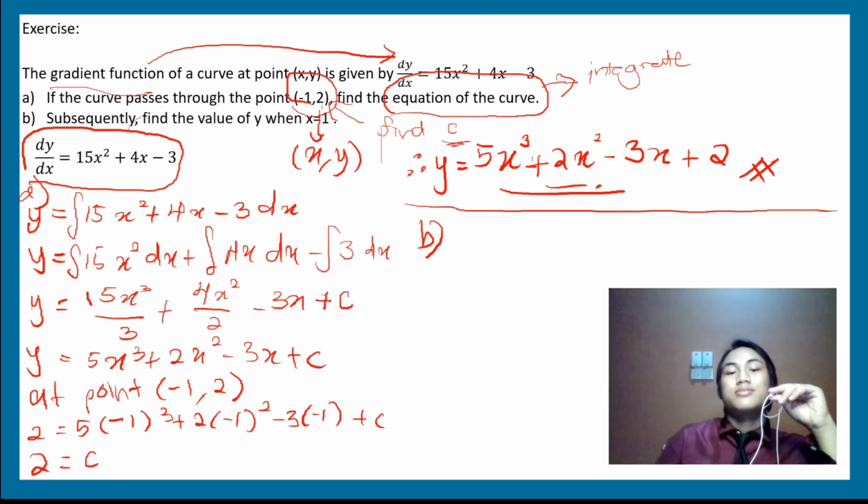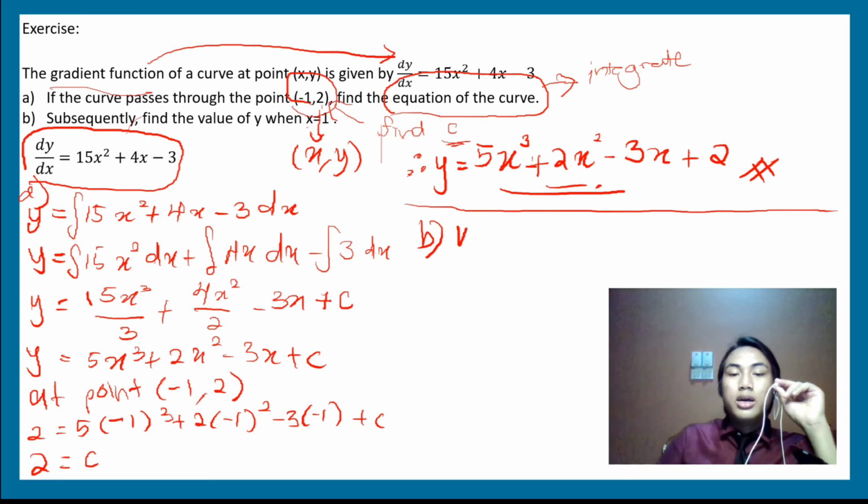For B, the question asks you to find the value of y by substituting the value of x equal to 1. So it's very easy. Just substitute in this equation. So what is our y? The question wants you to find the value of y when x equal to 1.